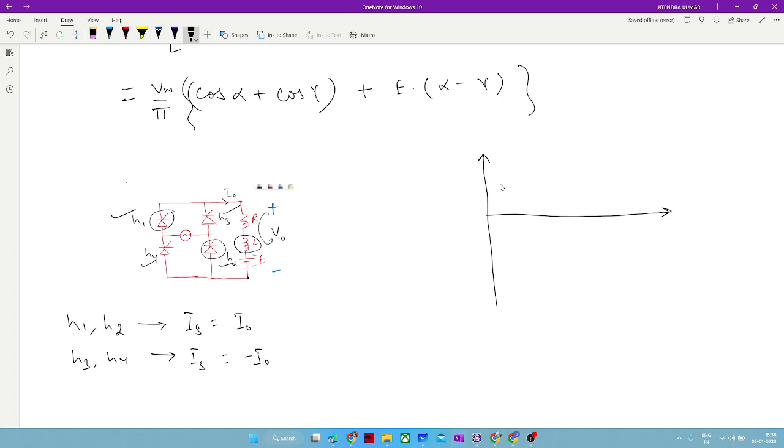For the controlled one, the conduction started from alpha and went till pi plus alpha. So for this period, your Is would be equal to I naught.